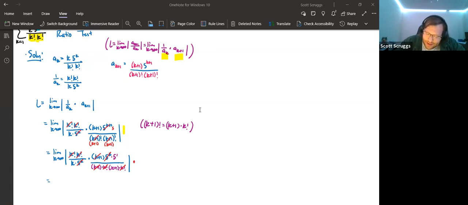So let's see what's left behind. Limit k to infinity, absolute value. The only thing left in the numerator I see is a 5. The only things that survive in the denominator are k and k plus 1 being multiplied together.